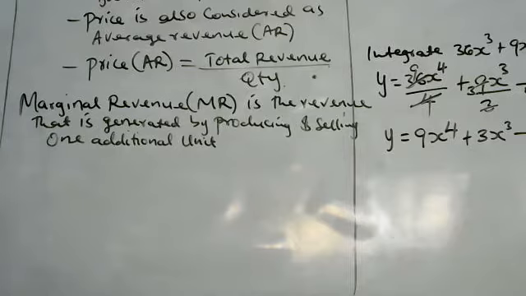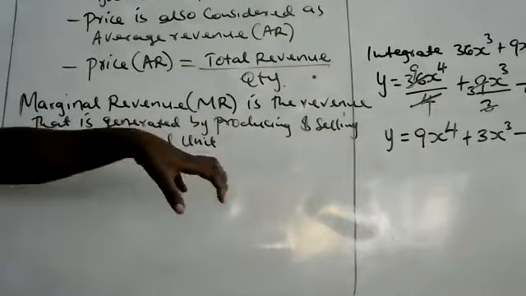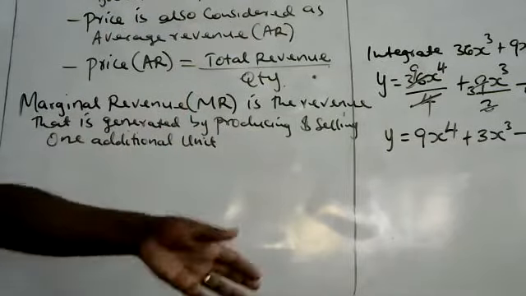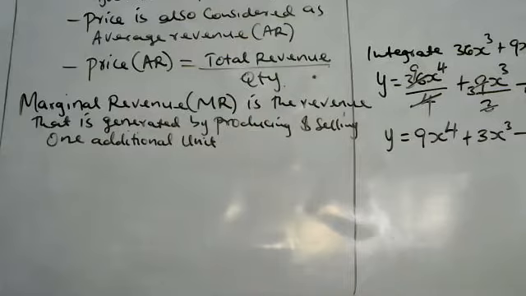When I was selling 100 units, I was getting 10,000, but now I get 10,090. The 90 shillings on top is what we call the marginal revenue, the additional revenue as a result of increasing the produce by one.